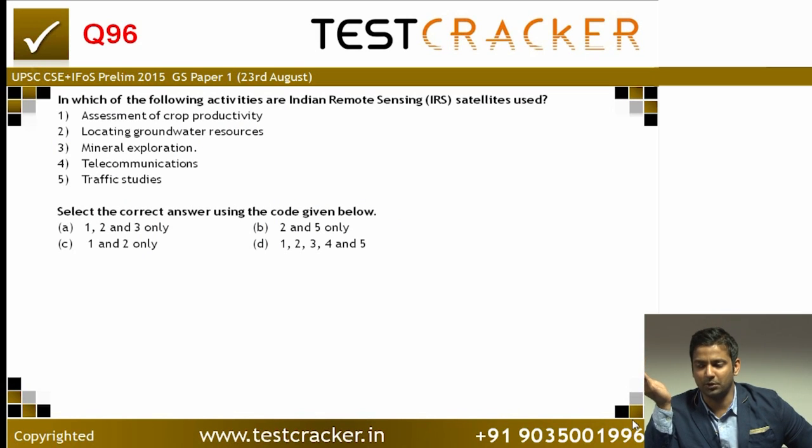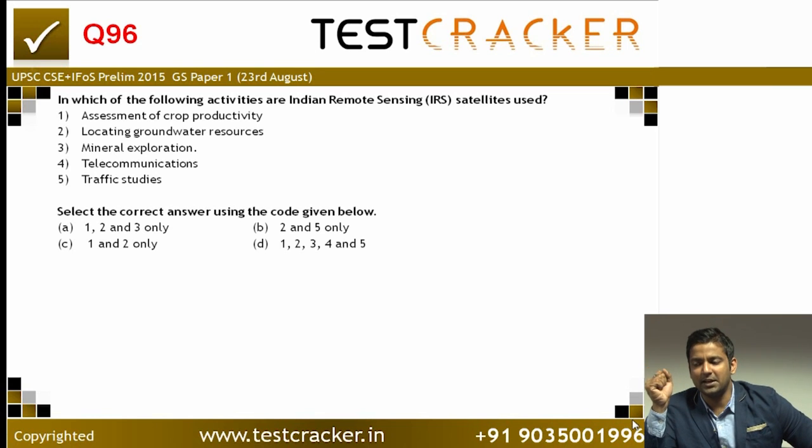Locating groundwater resources, right? By scanning it is able to locate groundwater resources. It can raise an alarm when the groundwater resources are depleting. Mineral exploration, clearly. Telecommunication, as soon as you read telecommunication, you understand we are talking about INSAT. We are not talking about IRS, we are talking about INSAT. So 1, 2 and 3 will be there, 4 will not be there.